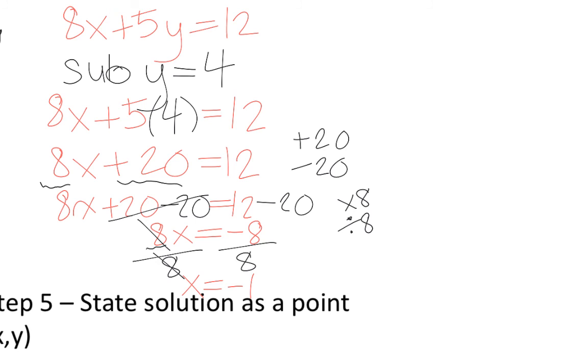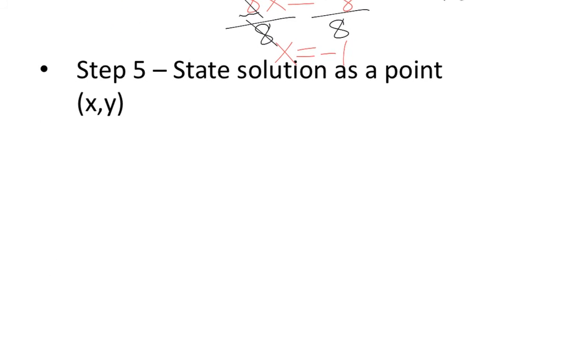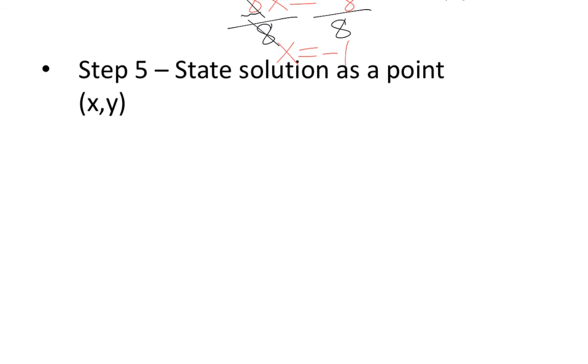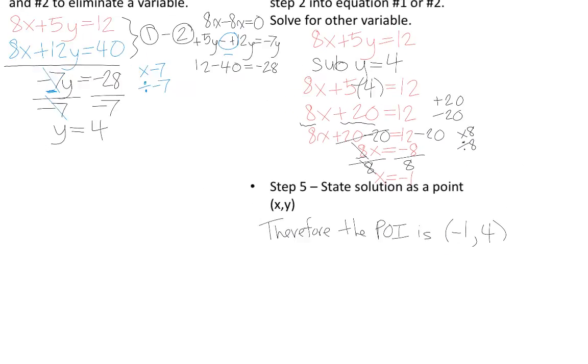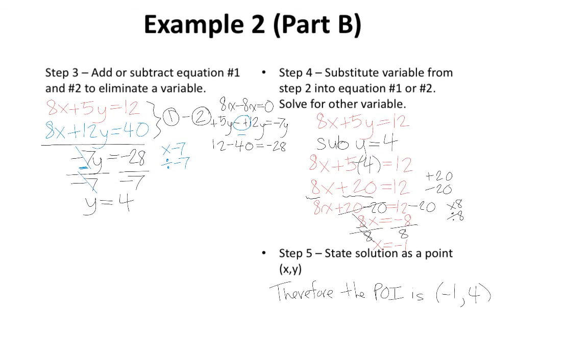Now we know the value of x and we know the value of y, and we can state the solution, the point of intersection. So let's write a little concluding sentence. Therefore, the point of intersection is negative 1 and 4. Zoom out to see all the work that was required for these last two steps.